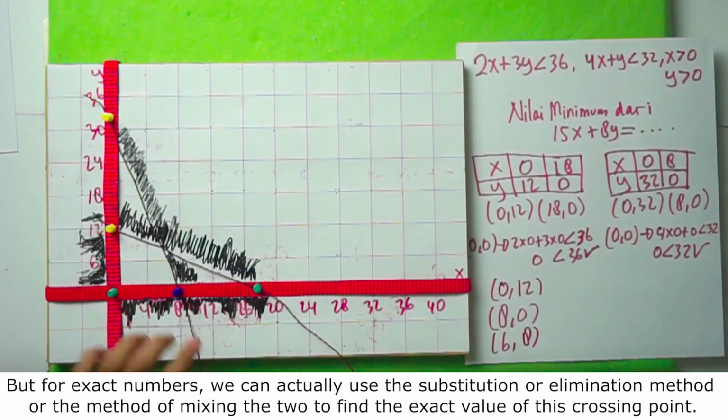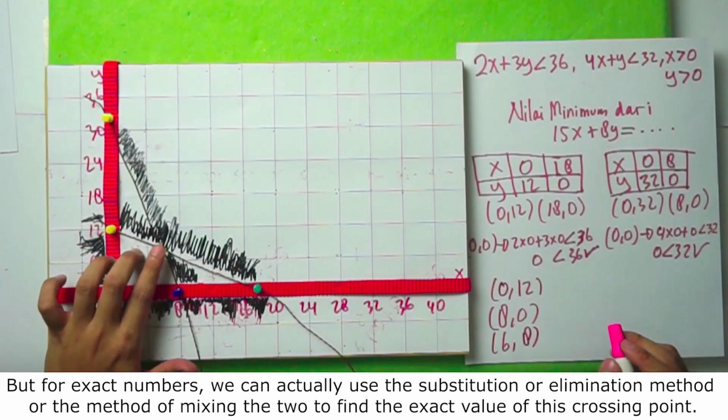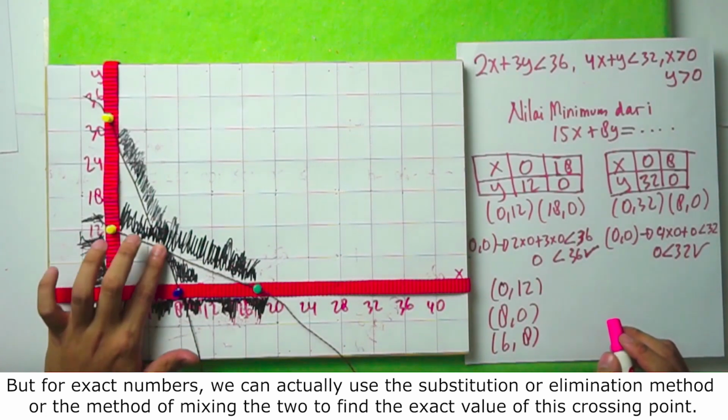But for the exact number, we can actually use the substitution or elimination method to find the exact value of the crossing point.